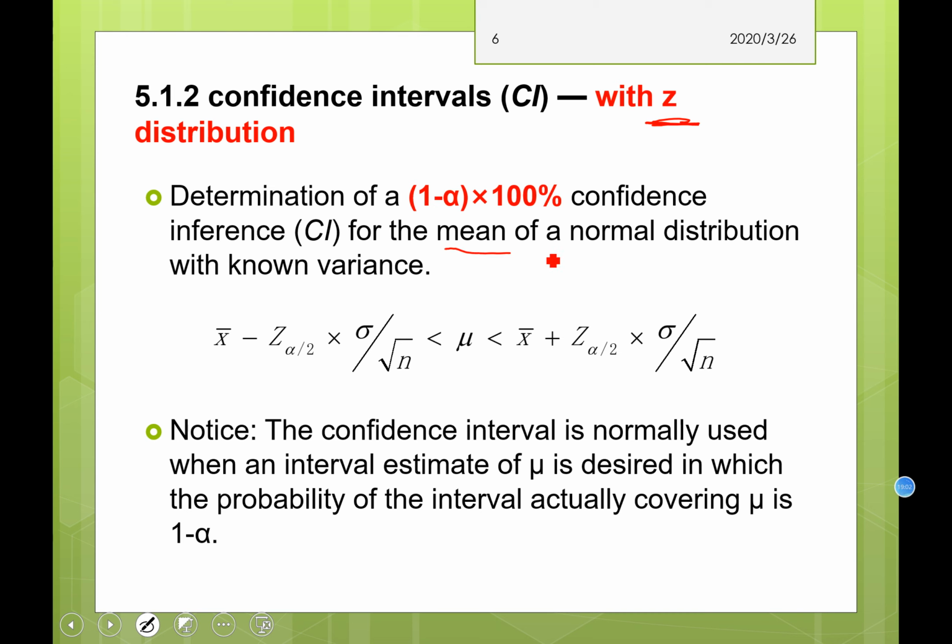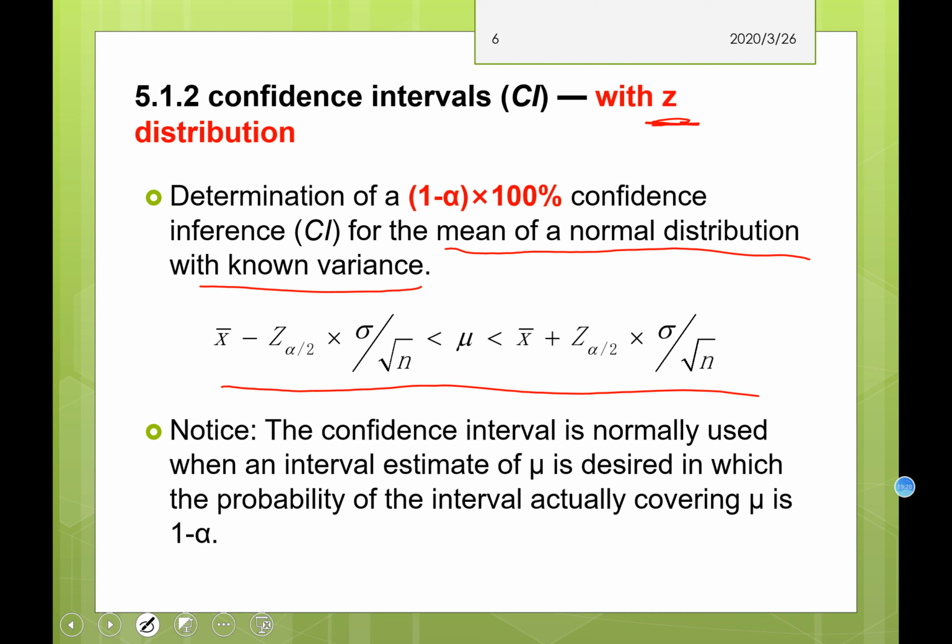It's also based on the normal distribution and the given variance. So that means when sigma or sigma square is given, we can use this kind of method, which is based on z value. So this is the formula for the population mean for the confidence interval.